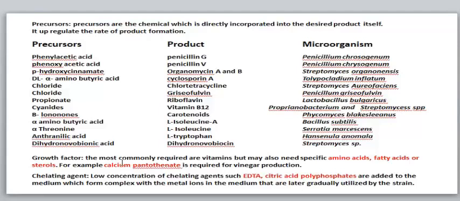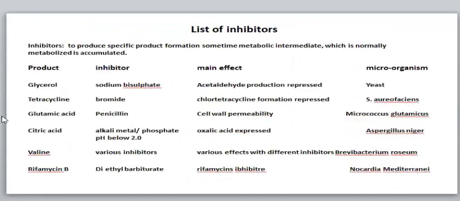Growth factors are also useful. Certain chelating agents, EDTA and citric acid, are also added. Inhibitors are used to reduce the rate of formation of byproducts.